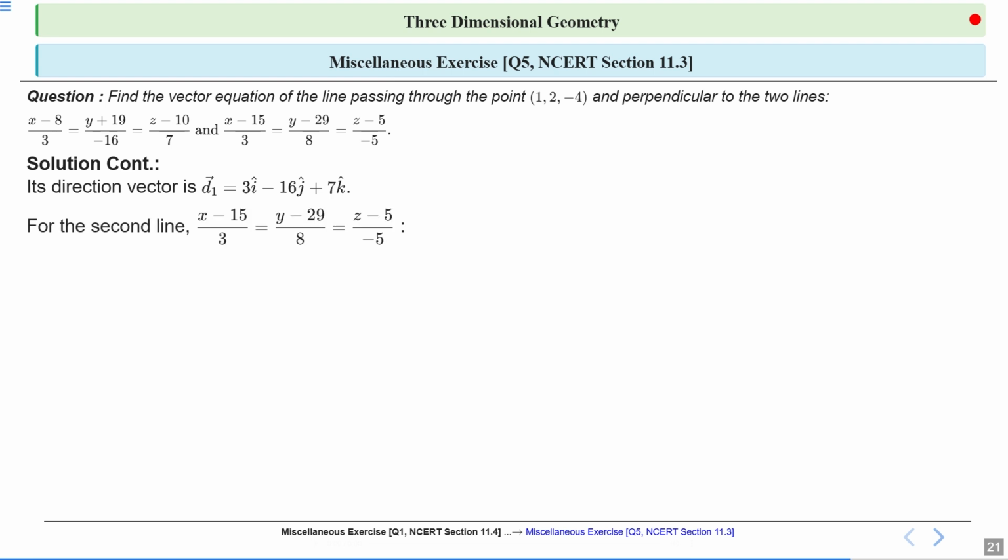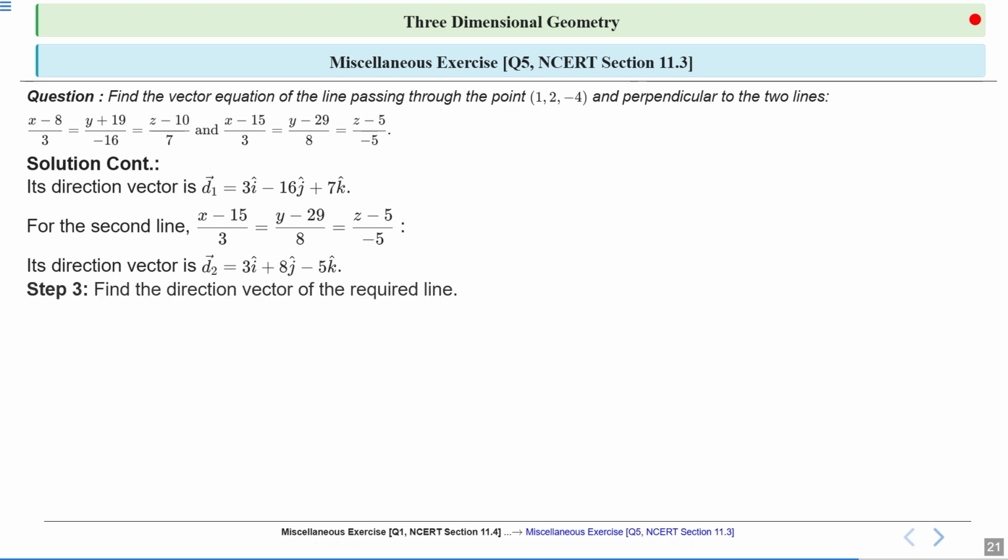For the second line, (x - 15)/3 = (y - 29)/8 = (z - 5)/(-5), its direction vector is d2 vector = 3 i cap + 8 j cap - 5 k cap.